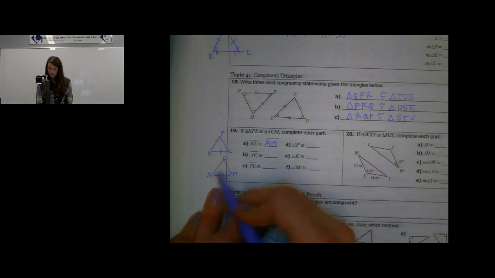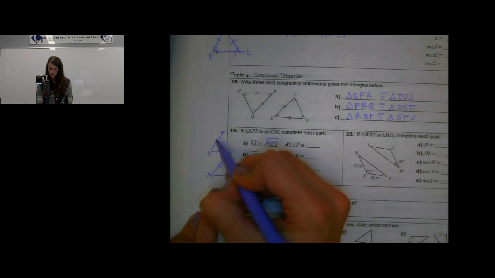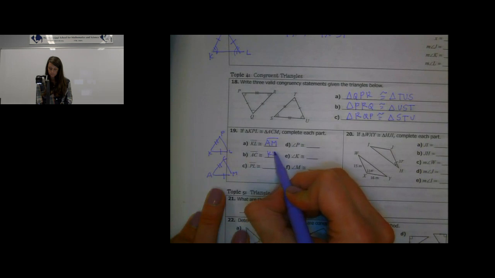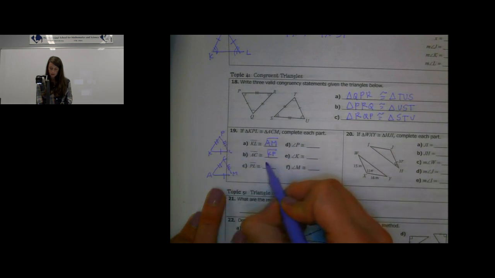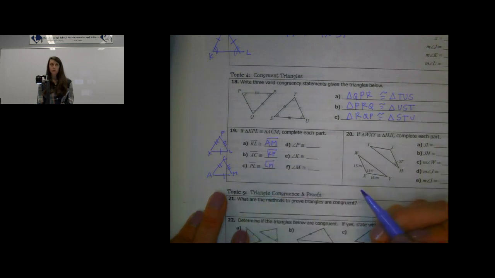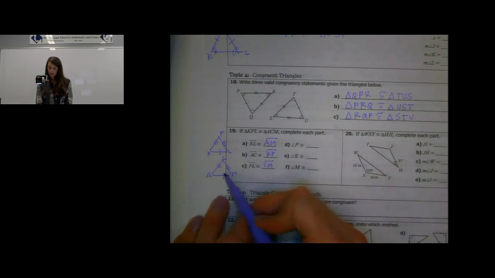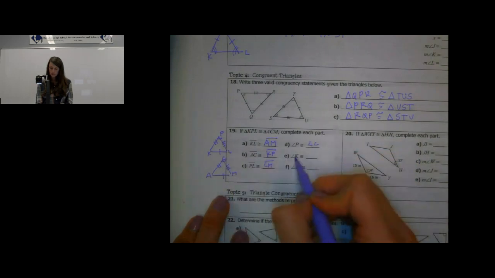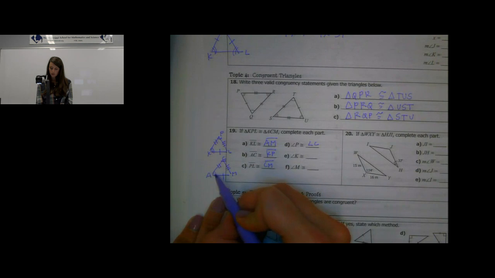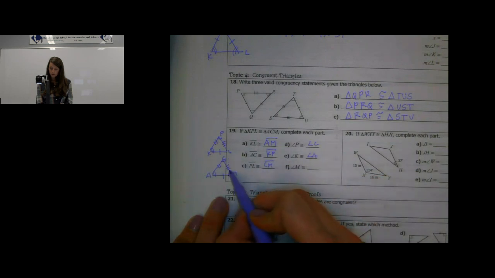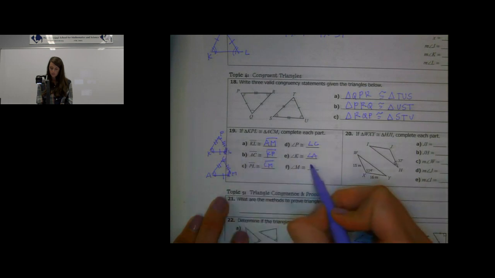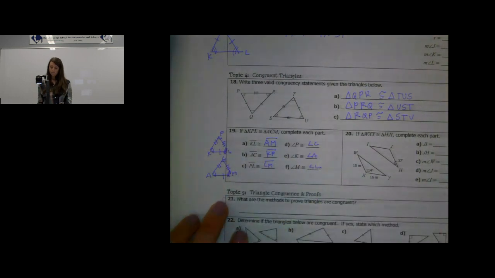AC is going to be congruent to KP. And PL is going to be congruent to CM. So pictures are so important. Angle P is going to be congruent to angle C. Angle K is going to be congruent to angle A. Angle M is going to be congruent to angle L. Okay, good.